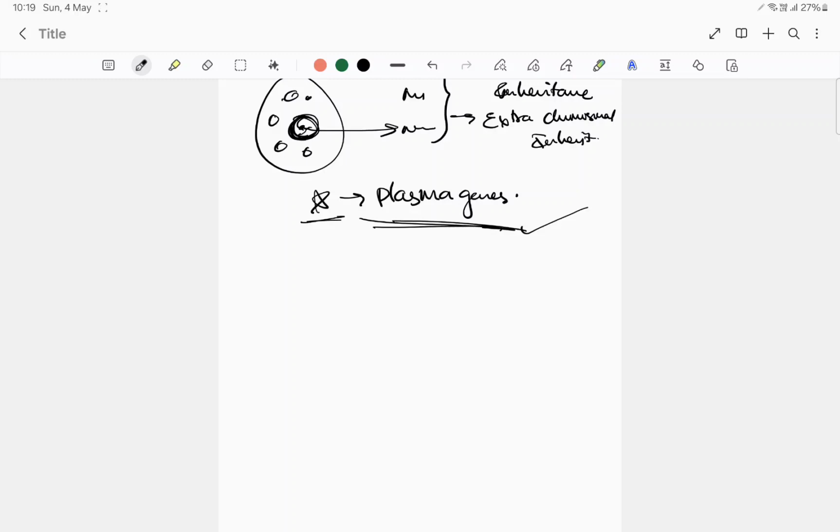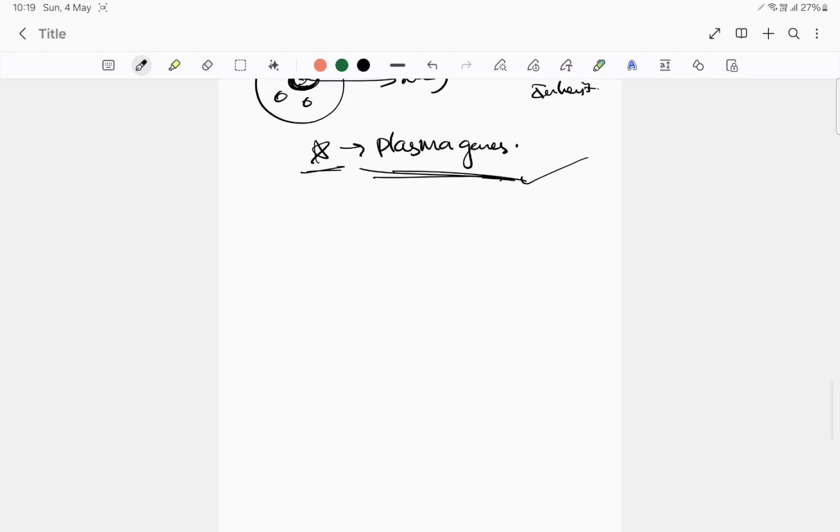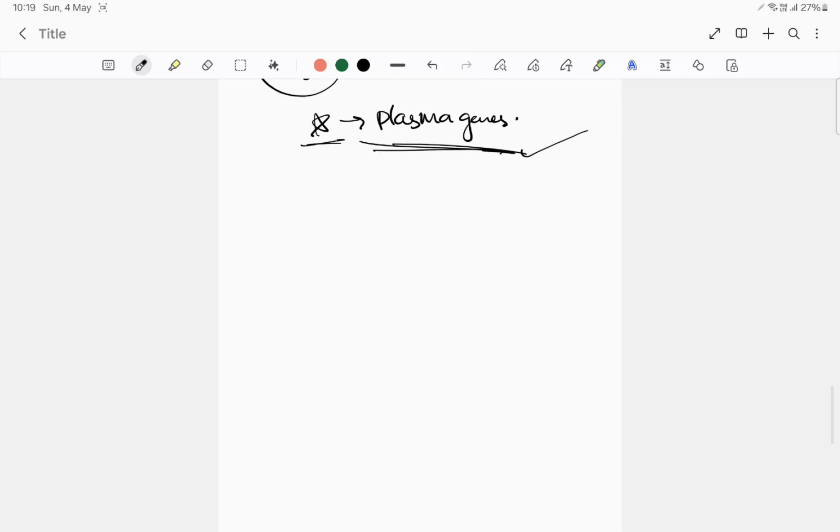Okay, these are also like the characters of one progeny. Usually the female parent's characters are transmitted to the progeny, and this is said to be uniparental inheritance. For example, this is male, this is female.